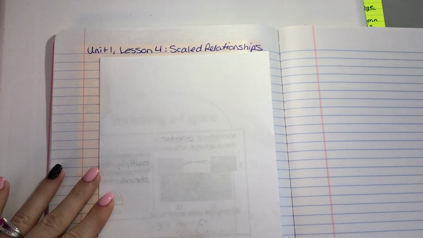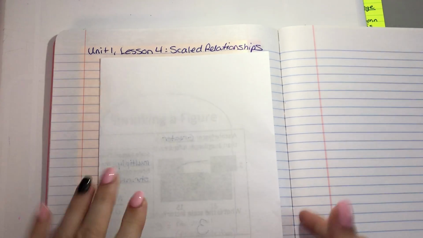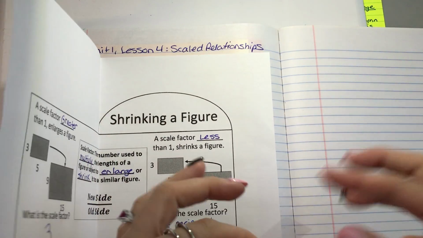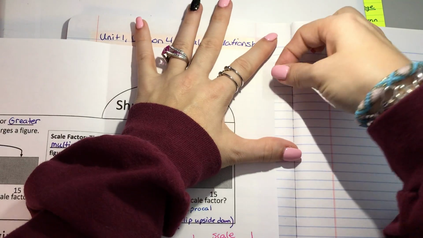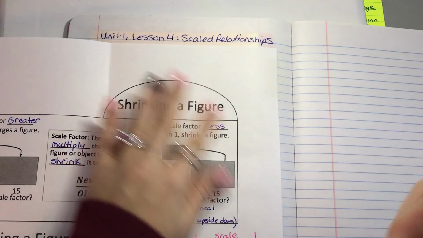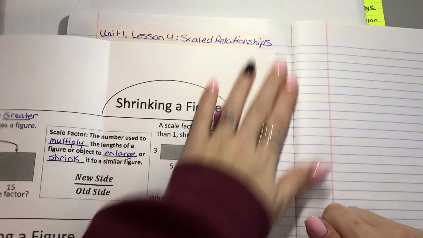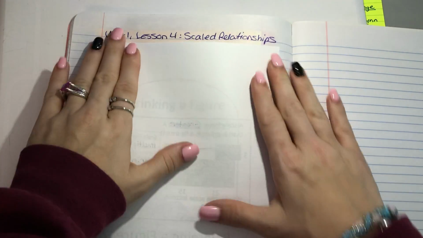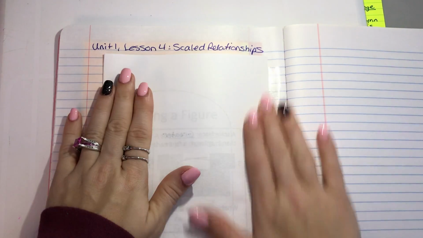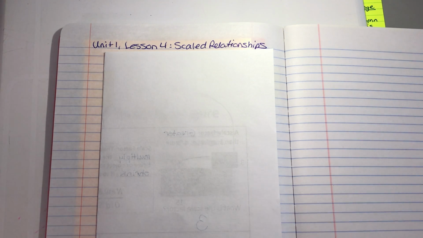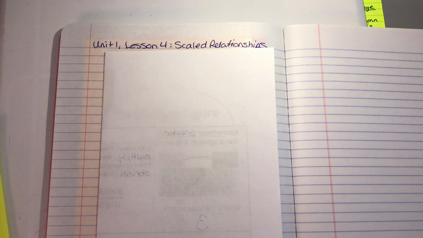And you can glue it all the way down if you want, or I'm just taping one side and then opening it, taping the other so that it just opens like a book. And then once you have that, tape your summary over it.